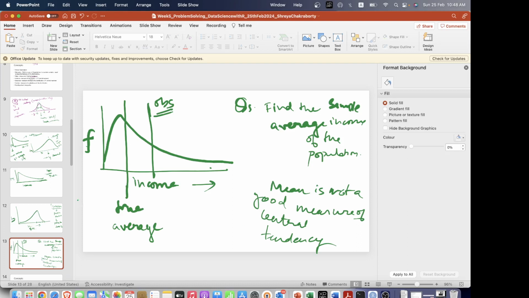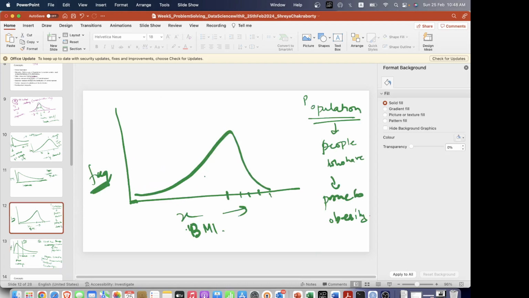Similarly, in this BMI example that I gave you, maybe the points are clustered around this point. But due to one or two figures with very low BMI, let's say less than 20, the mean would be pulled towards itself. It would come somewhere here.